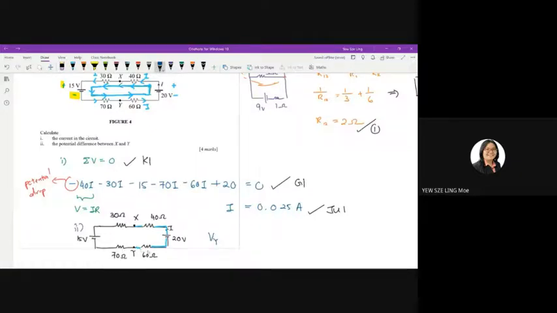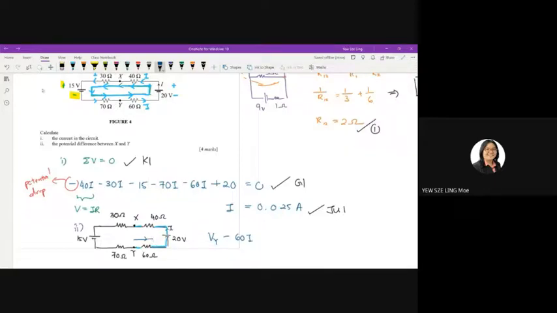If I travel from Vy and it passes through the first resistor, the current and the path are pointing toward the same direction. It means it experiences a potential drop. So minus 60I.